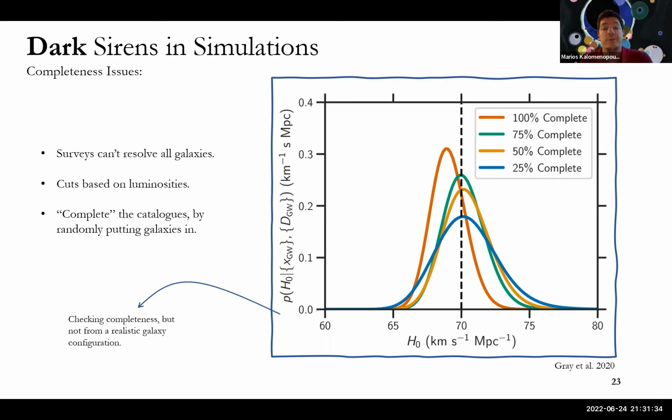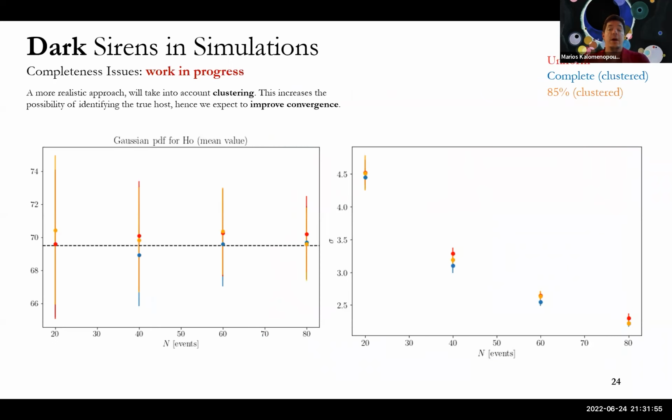So in our case, we want to check if clustering can also help in this case, even though we don't know all the galaxies in the region and we have to uniformly put them back. Some clustering information is retained from the original galaxies that are inside the region. This is so far a work in progress, but we already see here the main results.